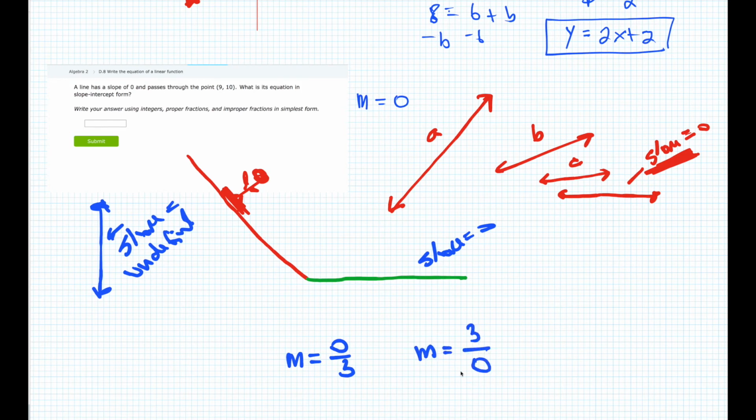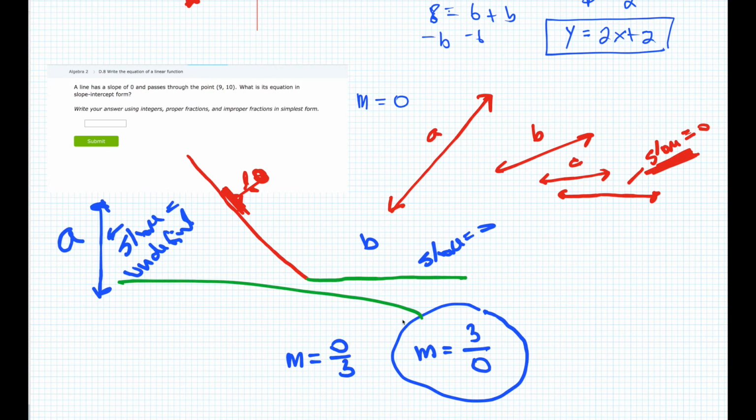Which one do you think belongs to which? Does it belong to line A or line B? Why do you say that? If you punch 3 over 0 on your calculator, guess what you're going to get?